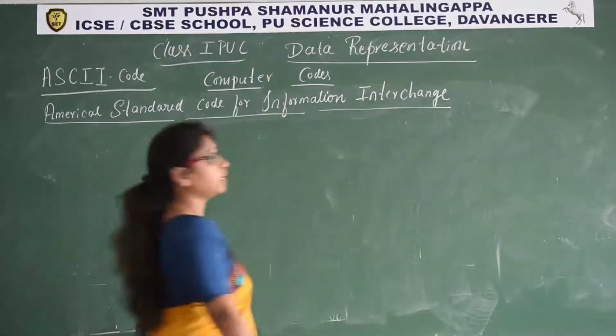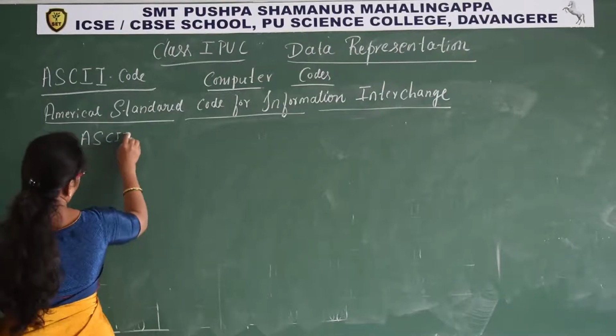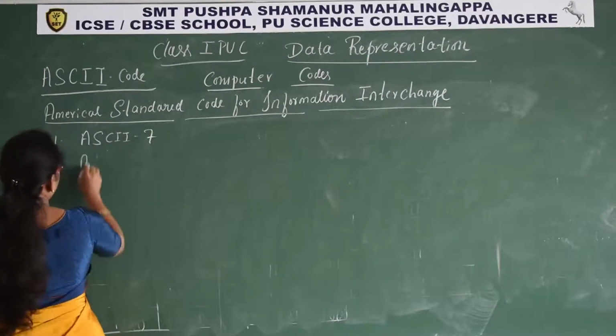In ASCII code there are two methods. One is ASCII 7, another one ASCII 8.